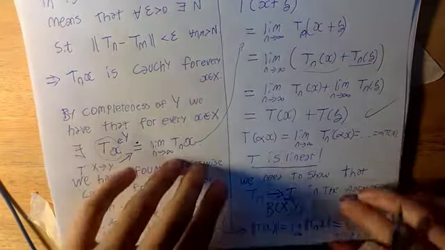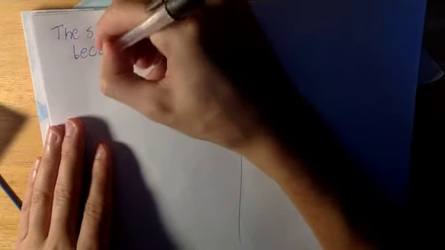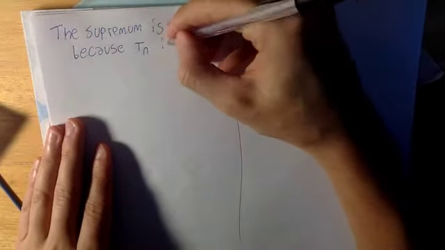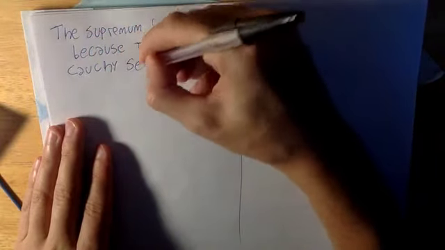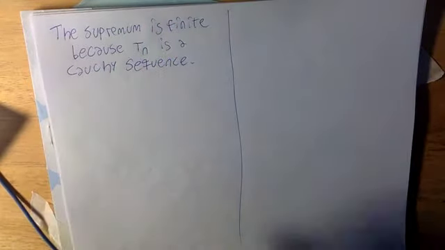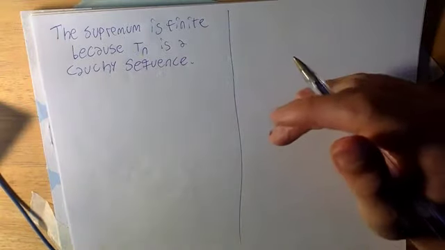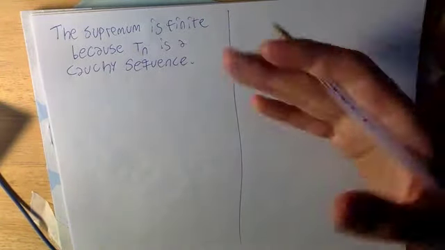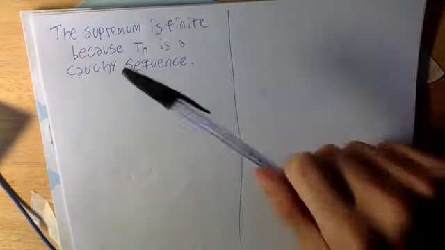The supremum is finite because Tn is a Cauchy sequence. If you have a Cauchy sequence, you can write the norm of Tn in terms of a bunch of differences, and you can show that this cannot be so big. This is just using the Cauchy property.